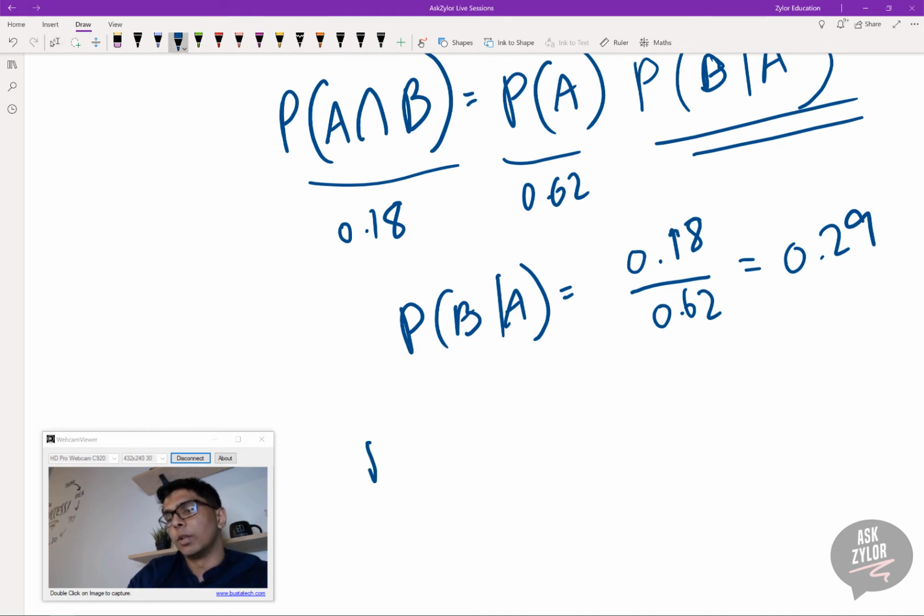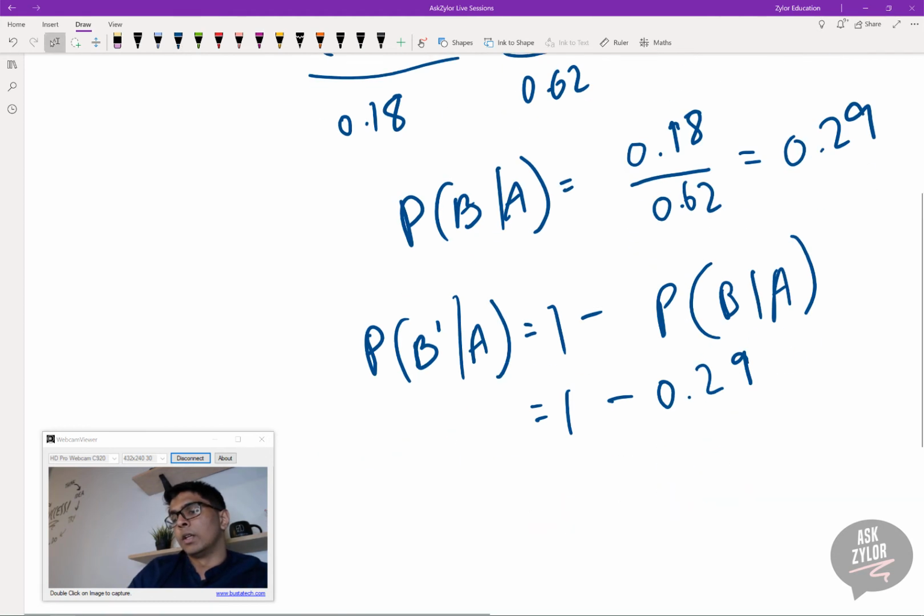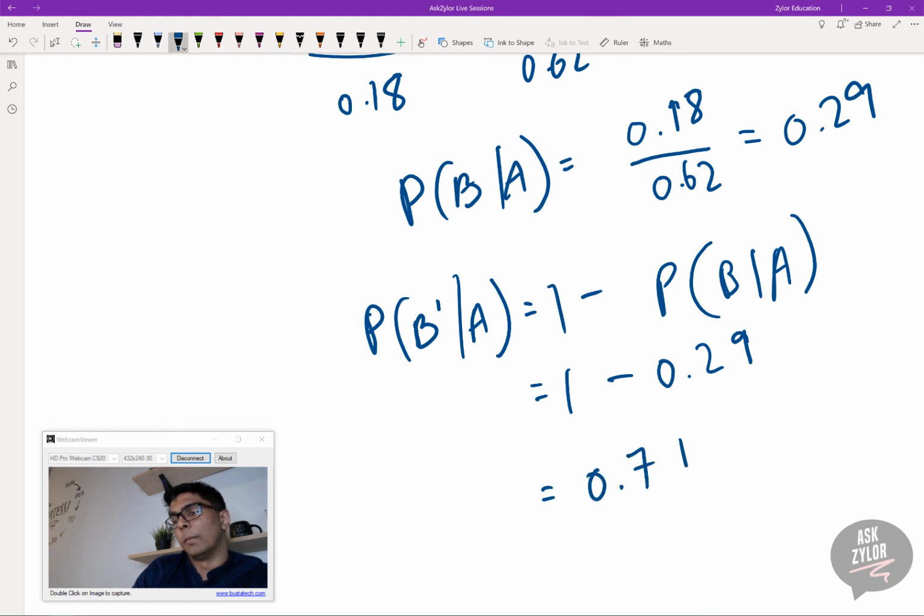And the probability of not B given A is going to be 1 minus what we have found, the probability of B given A. So that's going to be 1 minus 0.29, in other words, 0.71.